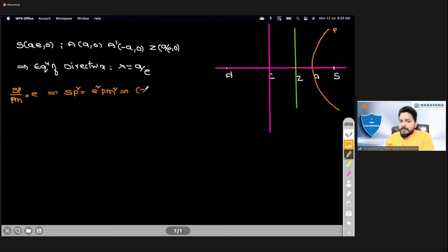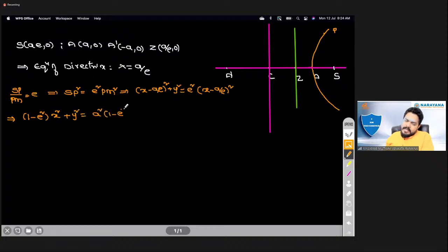So x minus AE whole square plus y square is equal to E square into x minus A by E whole square. So from here, the important thing is, you will be getting 1 minus E square into x square plus y square is equal to A square into 1 minus E square.